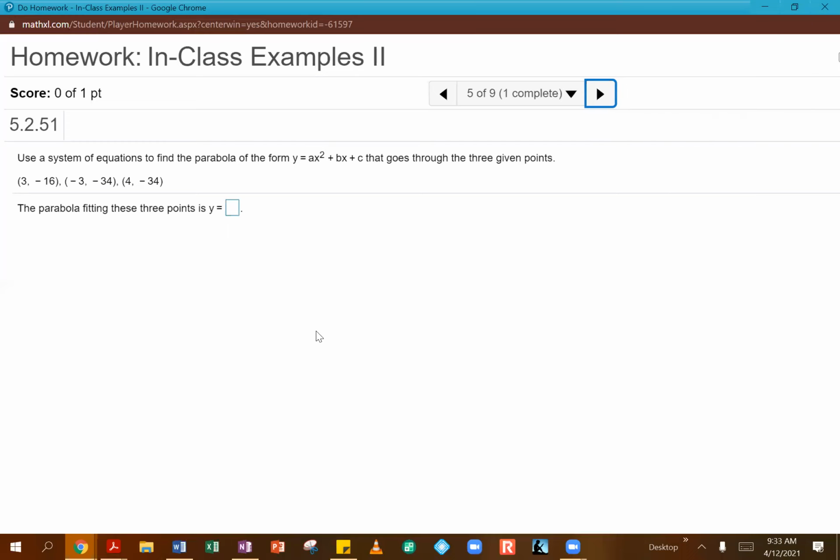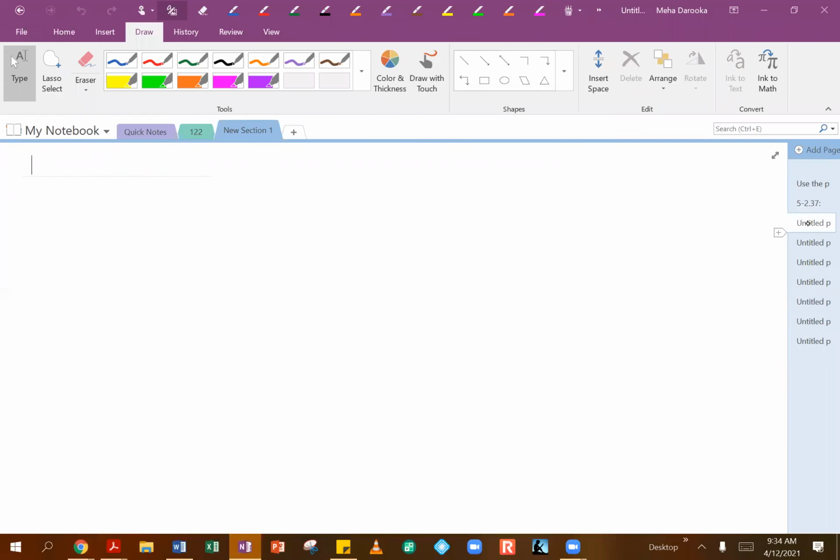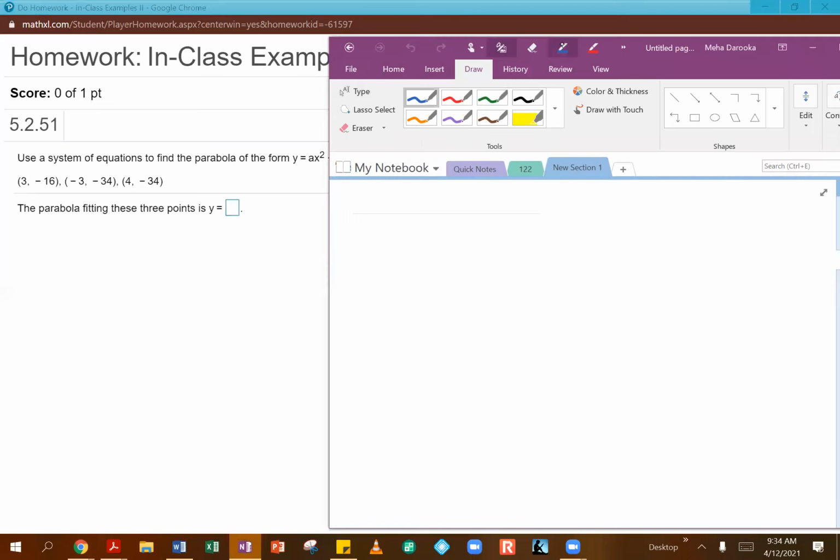So this is the one where they are asking us to take these 3 ordered pairs that we have, and they are saying use the system of equations to find basically the equation of the parabola in this form, y equals ax squared plus bx plus c, using these 3 points. So basically they're giving you the 3 points, where your parabola has those points. And then using those 3 points, they're asking us to work backwards to find the equation. So let's take a look at how an example like this might work out.